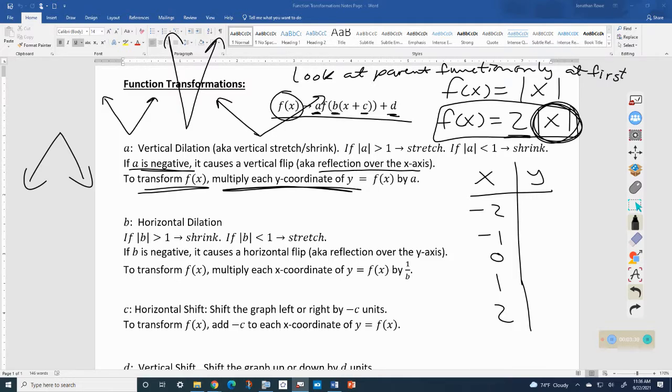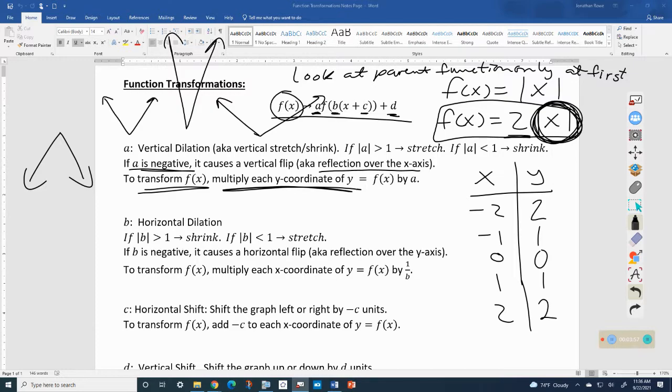Parent function being, in this case, the absolute value of x. And so if we plug -2 into the absolute value of x, what do we get? Not 2 times 2, just only plugging it into the absolute value of x. 2. If we plug -1 in, what do we get? 1. If we plug 0 in, what do we get? 0. If we plug 1 in, what do we get? 1. And then 2 as well. So those are the ordered pairs for the parent function.